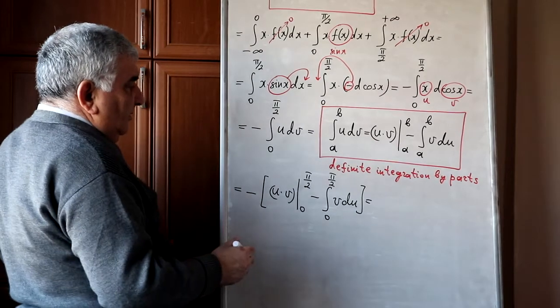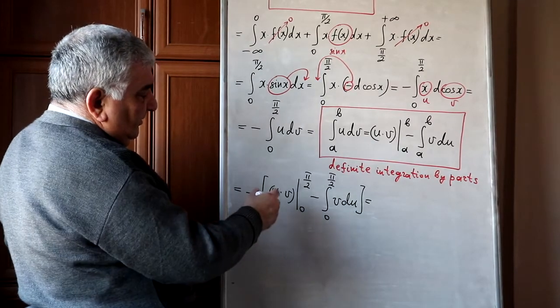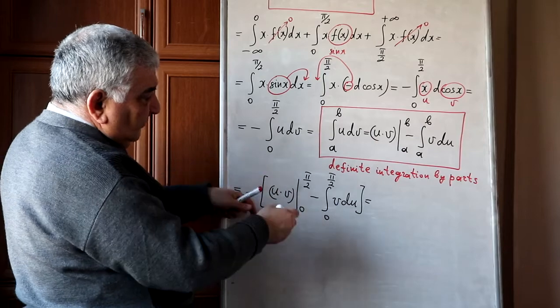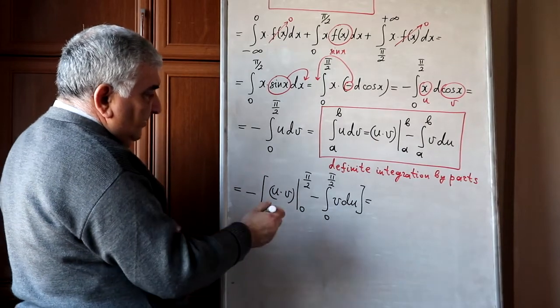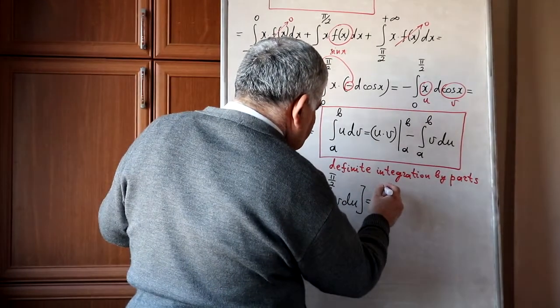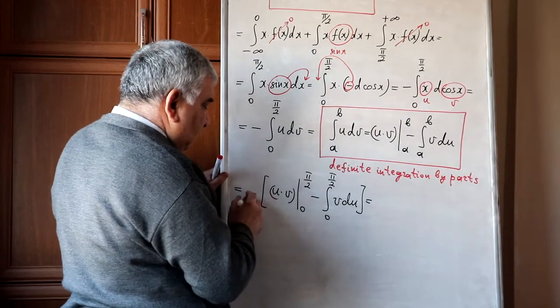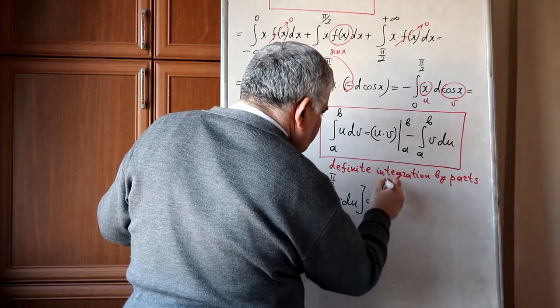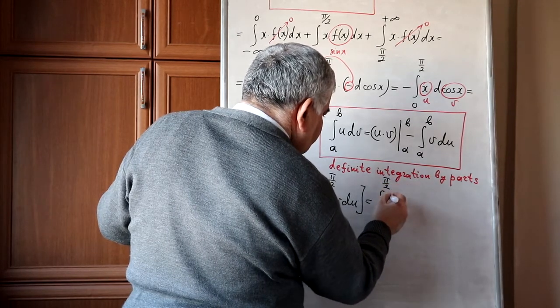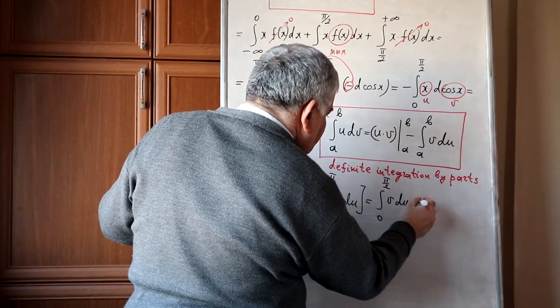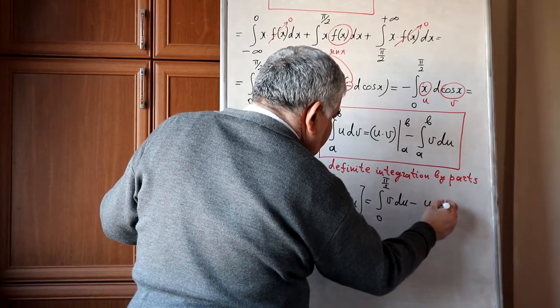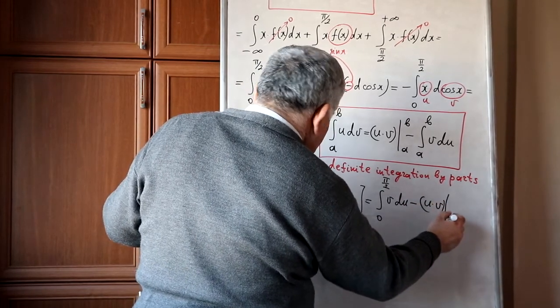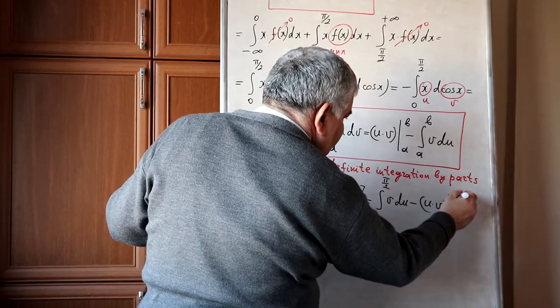Then we can change the places of these terms. First write the second integral, because minus minus is plus. The integral from 0 to pi in half of v du minus u multiplied by v with double substitution from 0 to pi in half.